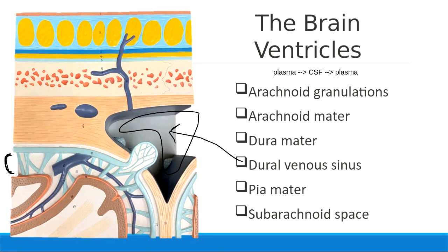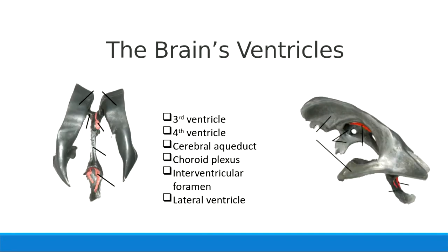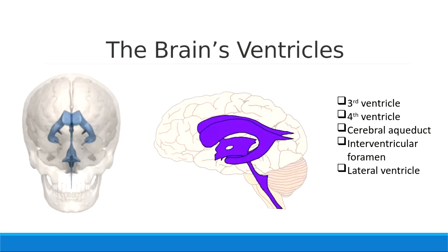Okay, I'm going to be real honest with you guys. We are not going to ask you to identify the ventricles on this model here because you didn't get a chance to see it in real life. So I want you to focus your study time on identifying the ventricles in pictures like this.